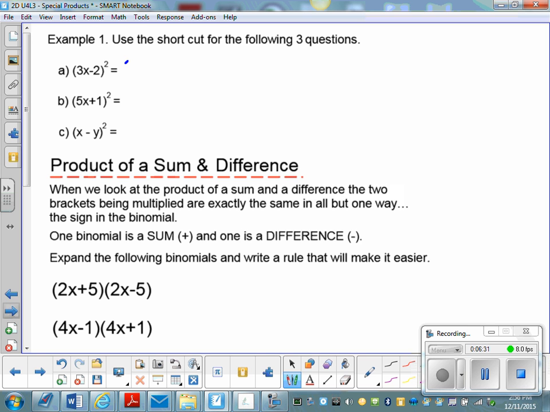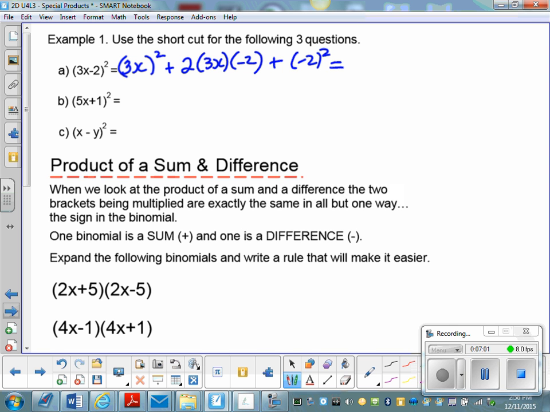So if I do 3x squared, okay, and then I've got plus 2, and then I have to multiply the two terms in the bracket together. So there's my a and my b I'm multiplying together there. So ax times b, and then I've got plus, and then I've got minus 2 squared on the end.